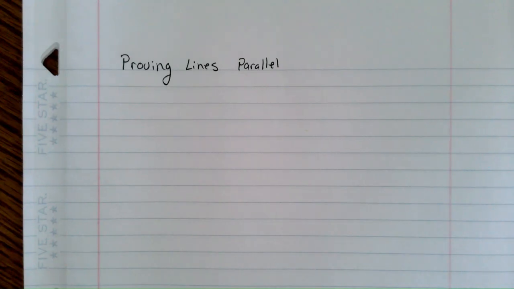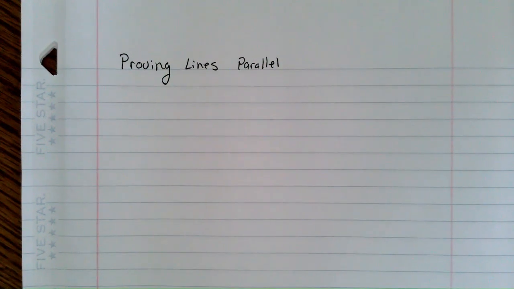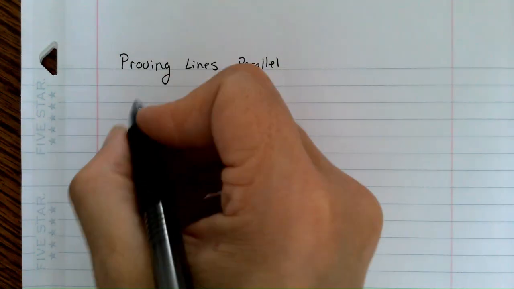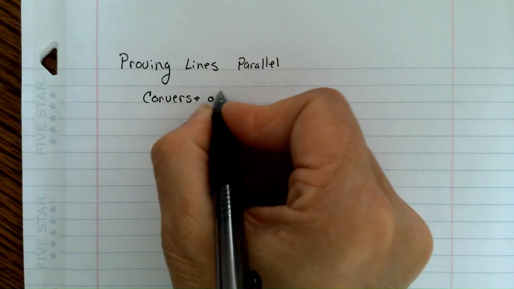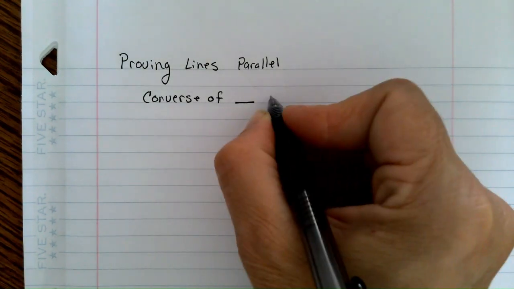Welcome to Proving Lines Parallel. If you just watched my video about parallel lines, you would have found out that a lot of relationships happen when you're given parallel lines cut by a transversal. So to prove lines are parallel, you just need the converse of blank angles.